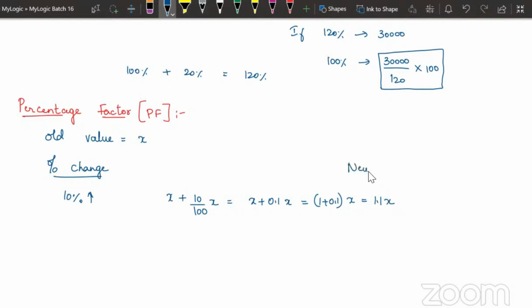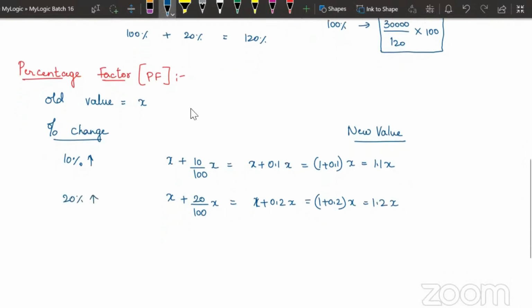The new value is 1.1x. Old value is x, 10% of it is added, we get 1.1x. Suppose there is a 20% increment. It means for original value x, we are adding 20% of x, which gives you x plus 0.2x, which is 1 plus 0.2 into x, and that is 1.2x. Understood this? Now this is for 20% increment.